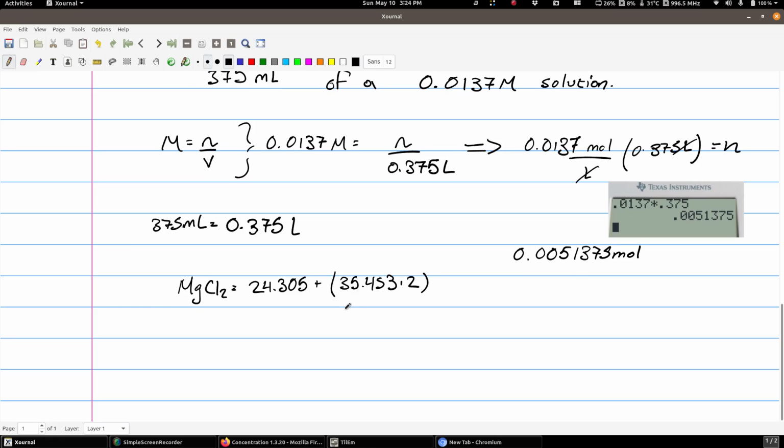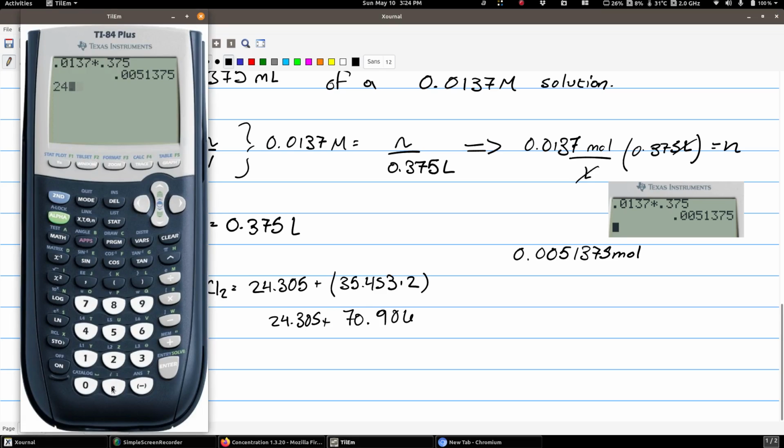So this is 70.906 plus 24.305. So I'm going to do that in the calculator. Should be about 95 something.